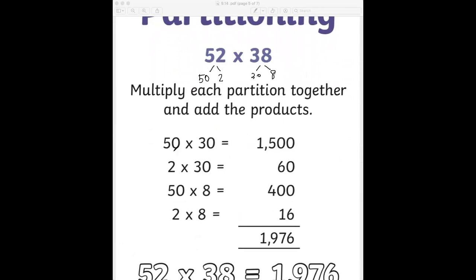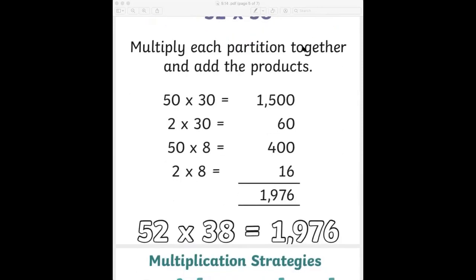So we use 50 times 30 equals 1500. 2 times 30 equals 60. 50 times 8 equals 400. 2 times 8 equals 16. So plus them all together. Very good. So this is a strategy of doing something. If you see an extremely hard question, you still know how to do it.